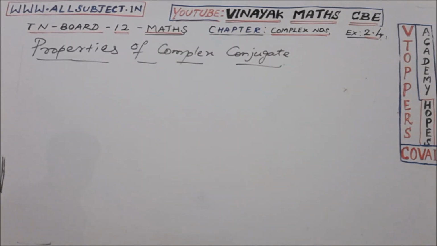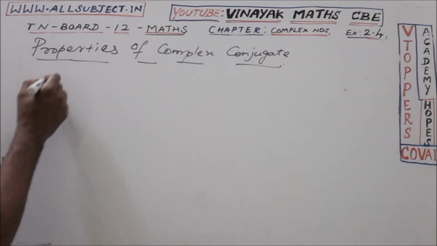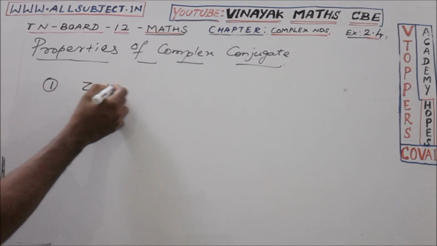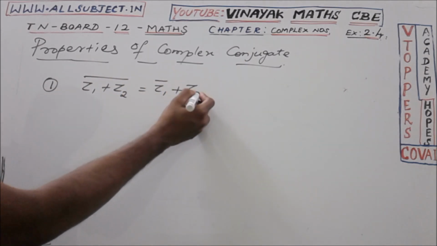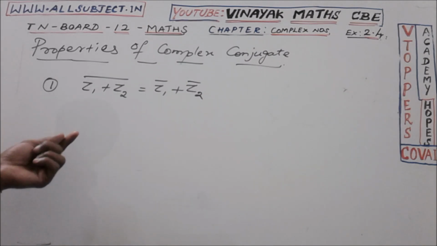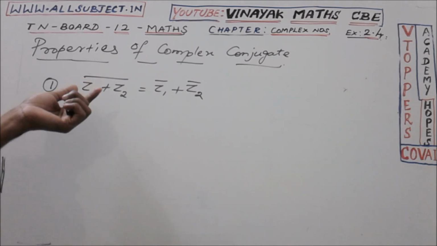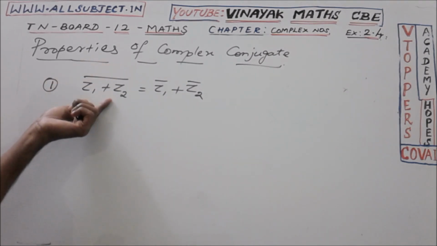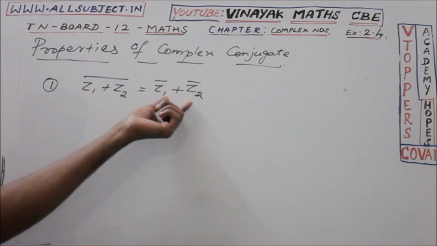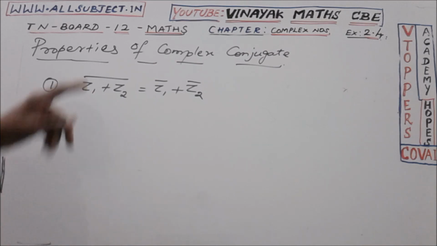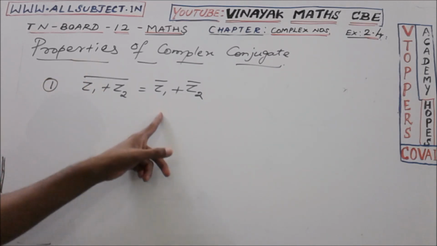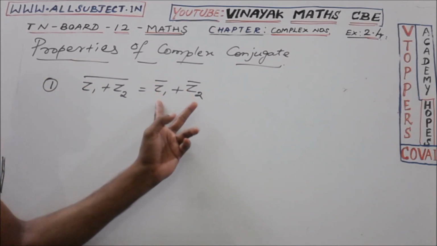The next topic is properties of complex conjugate. The first property is Z1 plus Z2 whole bar will be equal to Z1 bar plus Z2 bar. This implies we can take the conjugate: the conjugate of the sum of two complex numbers is equal to the sum of their individual conjugates.